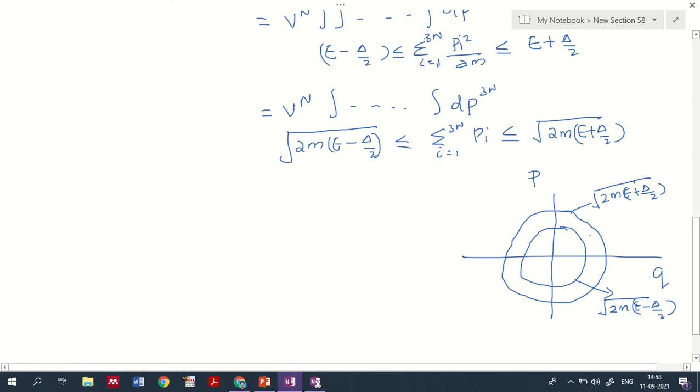Now if I want to know the thickness between them, I'll be basically evaluating the interval, the difference between these two energy levels. This is a hypershell, basically in a 3n dimensional space. So I am just evaluating the corresponding thickness of this hypershell, or rather the interval associated with that.